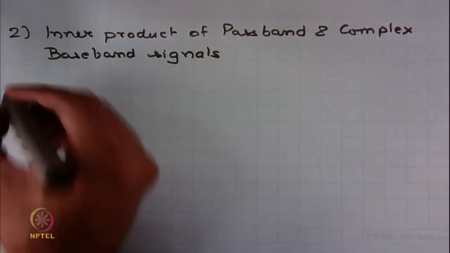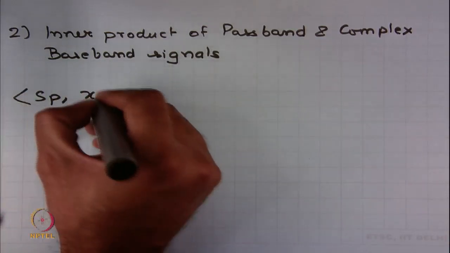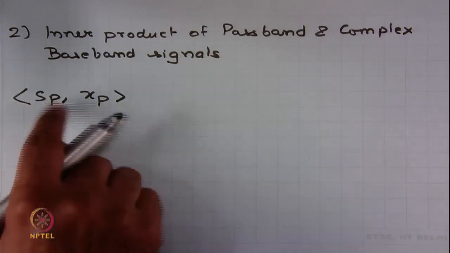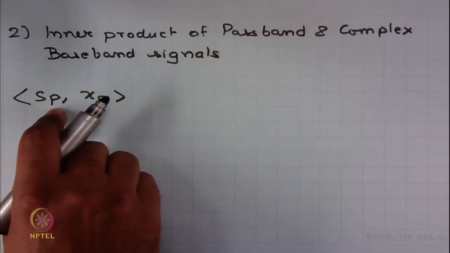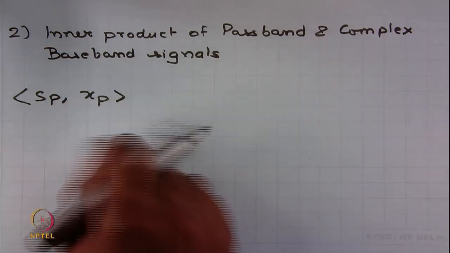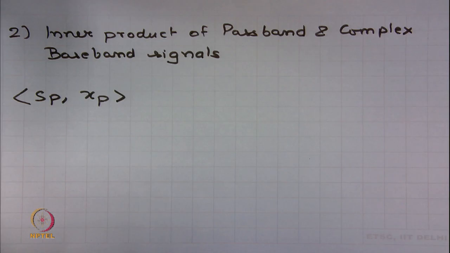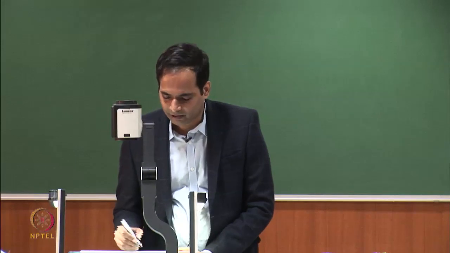Let us try to think about taking an inner product of S_P and X_P, and S_P and X_P are the passband signals. I am not writing the t here because I know that you can assume that there is a t, and it is always inconvenient to write this t every time. So, for this typographical reason only, I have omitted t. There is no technical or deep reason why I have omitted t. Okay, it is just for writing convenience.